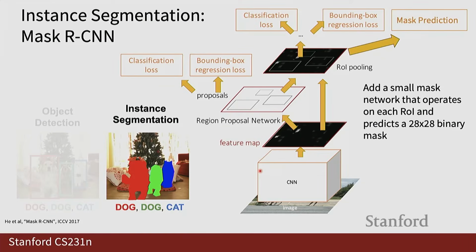Now we can turn this into a Mask RCNN that also generates the mask. So basically, it's the same architecture that we talked about earlier. Now we can take one more output, make it more multitask, and generate the mask predictions.